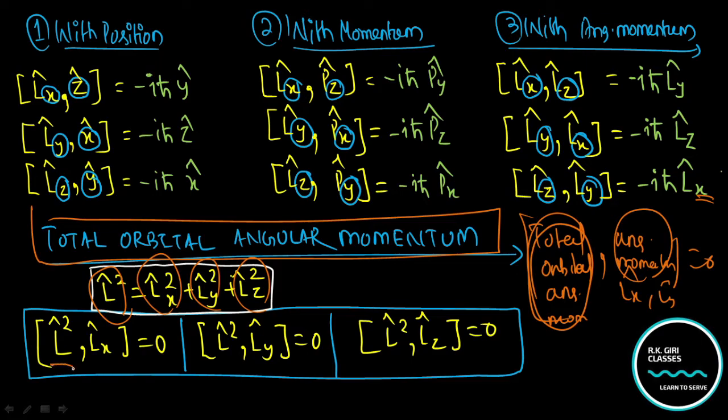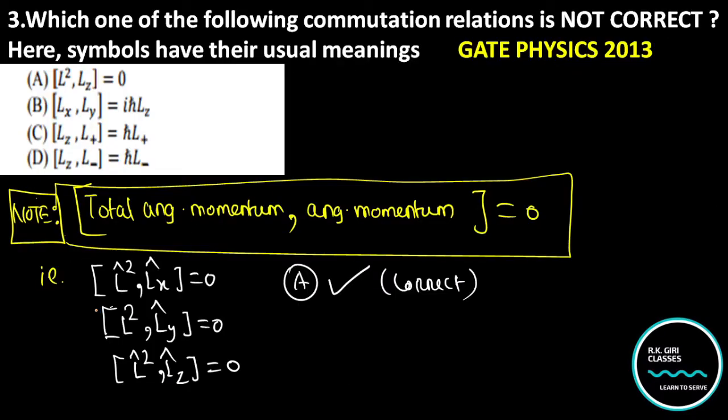That is, L square with Lx is 0, L square with Ly is 0, and L square with Lz is 0. Clear this point?